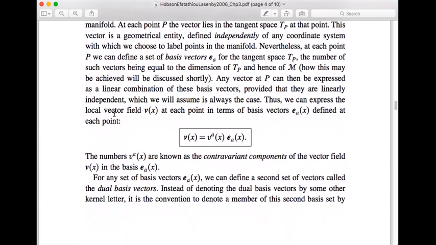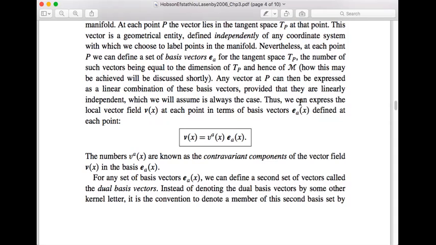Thus, we can express the local vector field V at the point with coordinates x in terms of basis vectors E_A. And now notice the basis vectors are a function of the point in the space.